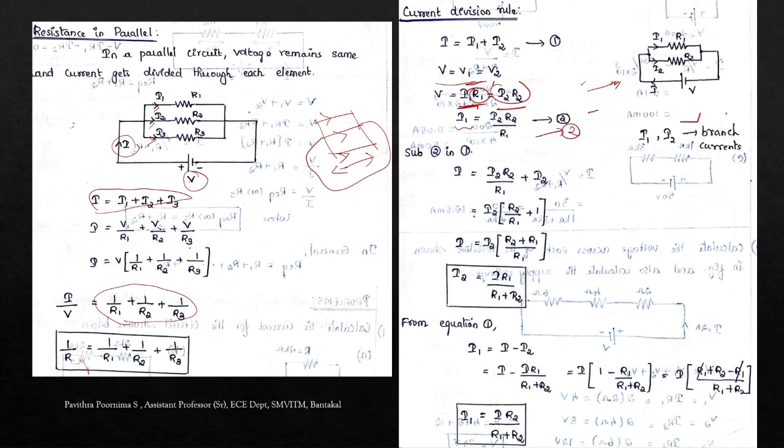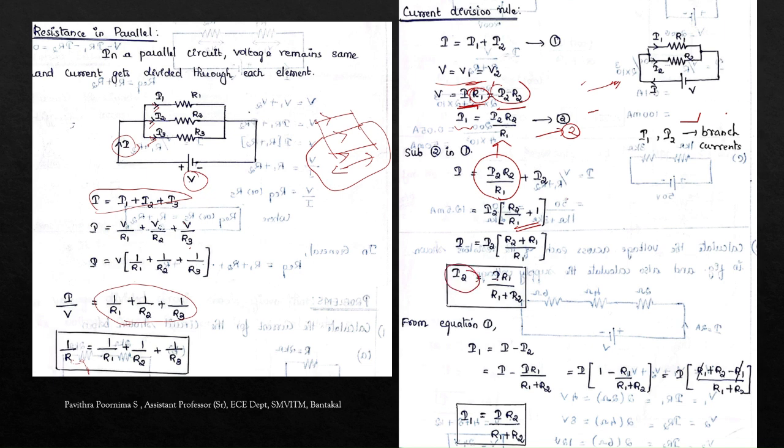Consider this as the second equation and substitute 2 in 1. So I equals I1, which is I2 R2 divided by R1, plus I2. If you take I2 as common, then R2 by R1 plus 1. Taking the LCM, I equals I2 times (R2 plus R1) divided by R1.